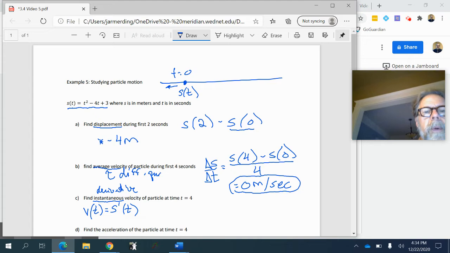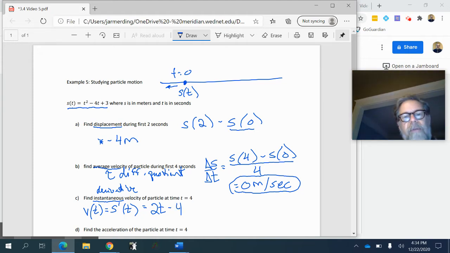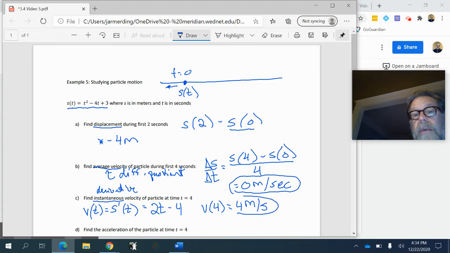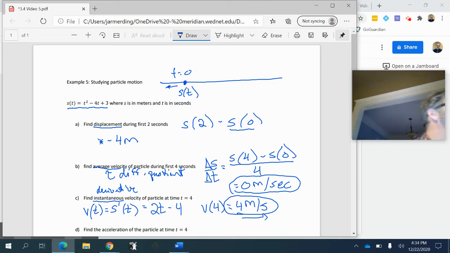And doing some quick taking derivatives using rules, we get that velocity is equal to 2t minus 4. So the instantaneous velocity is 8 minus 4, which is 4 meters per second. Notice that this is moving to the right. All right, worth keeping in mind.